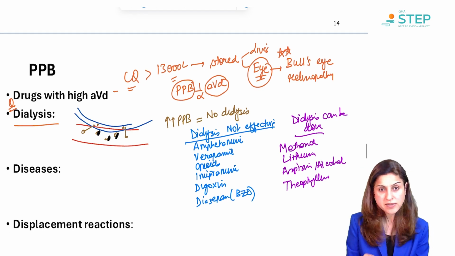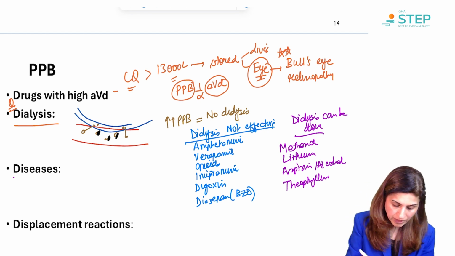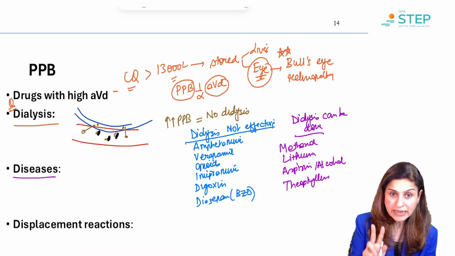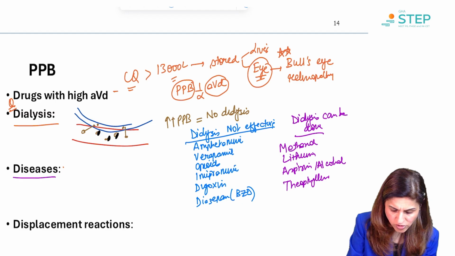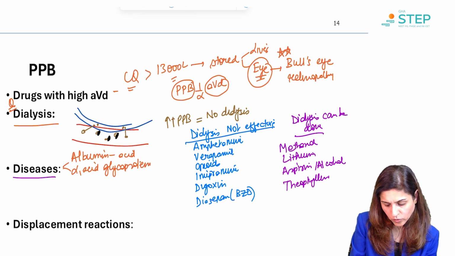Now, certain diseases where the plasma protein binding can vary. Of the plasma proteins, two are mainly important. One is albumin, which binds the acidic drugs, and alpha-1 acid glycoprotein, which binds the basic drugs, right?